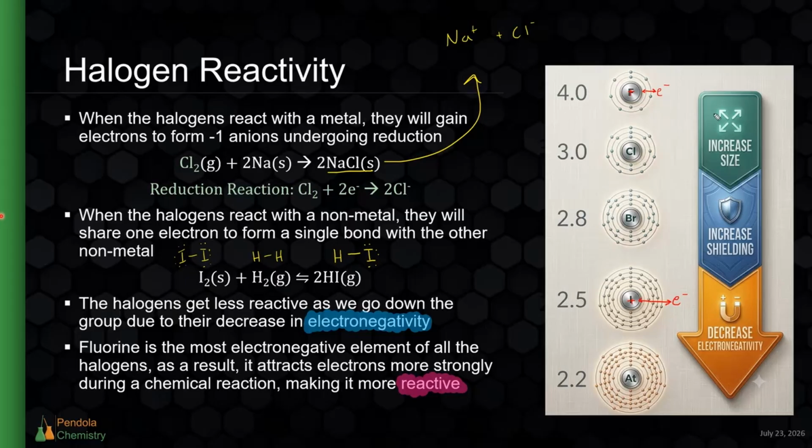But as we go down the group, not only does the size increase, the shielding increase, and the electronegativity decrease, but also the reactivity decreases. The reactivity of those halogens is going to decrease down the group because the electronegativity decreases and they're tied together because they're always attracting electrons when they react. So let's keep moving forward here.